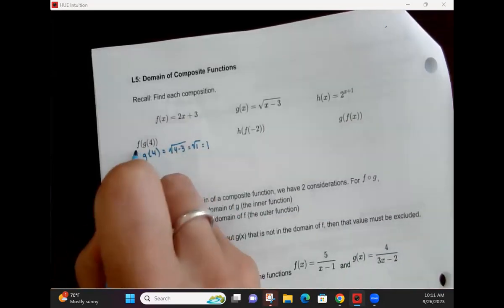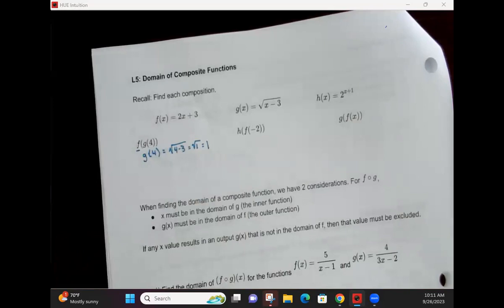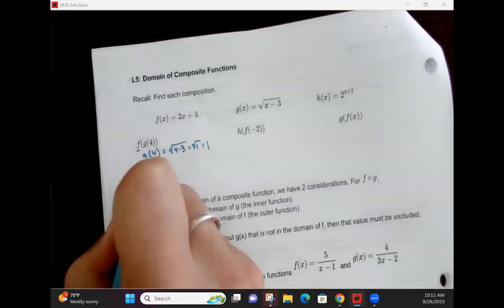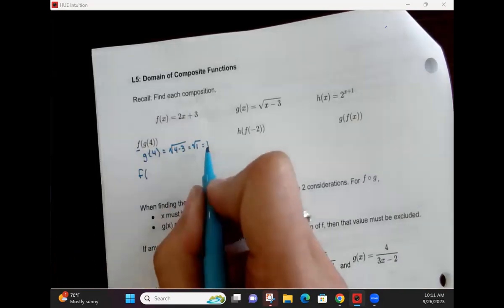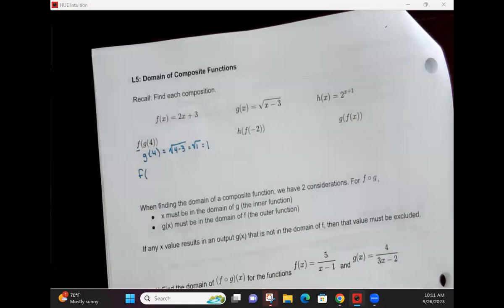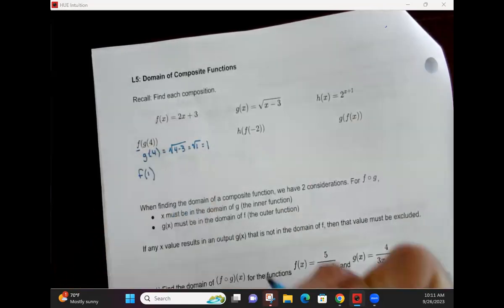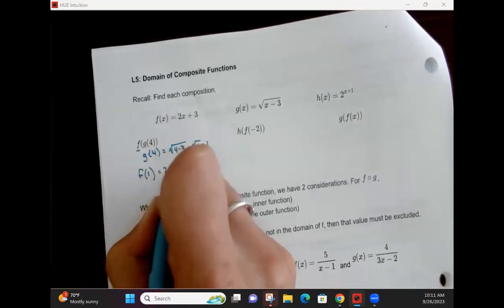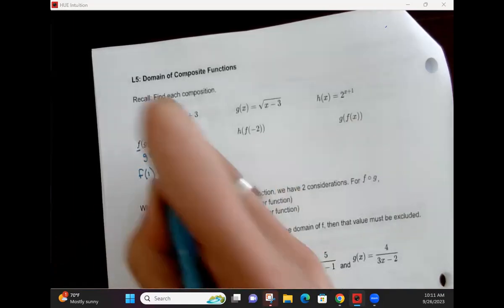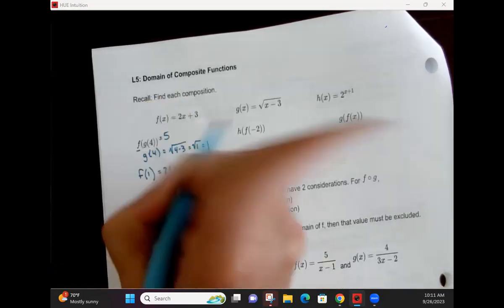I still have to evaluate at f. I am taking f of 1. Remember, for composite functions, the output of the first function is the input for the second. So f of 1 would be 2 times 1 plus 3, which would be 5. So f of g of 4 is 5.